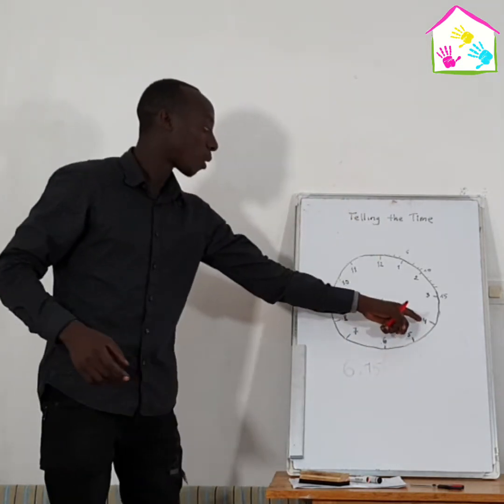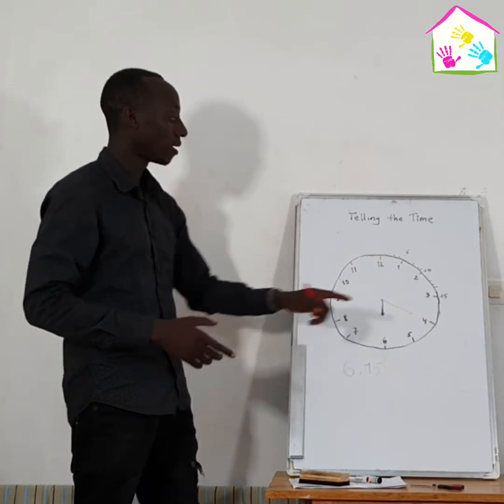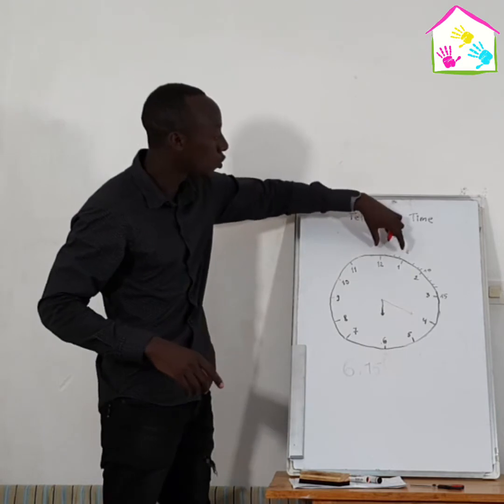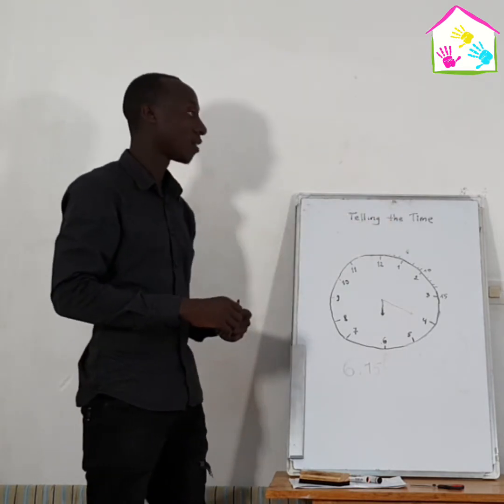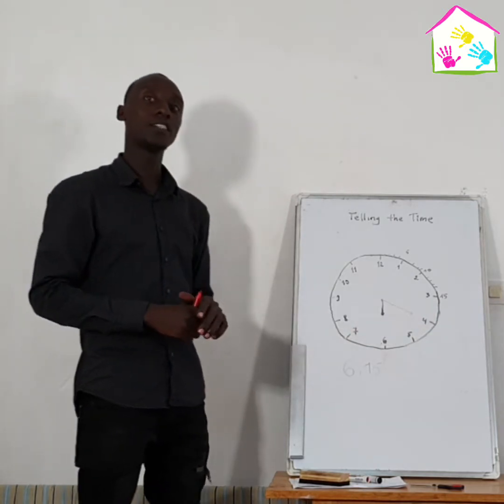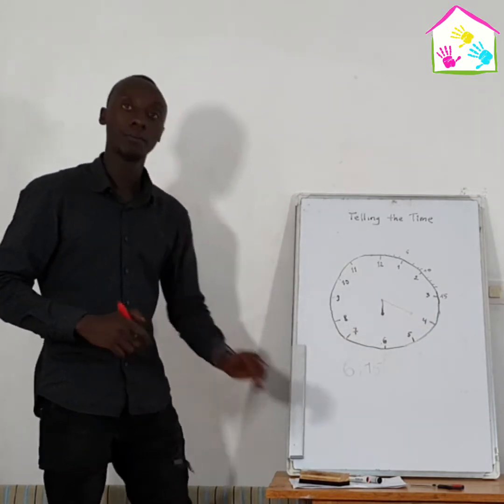When the long hand points at 4, the hand for minutes, I have told you we have 5 minutes here. 5 at 4, what does it make? It makes 20 minutes.